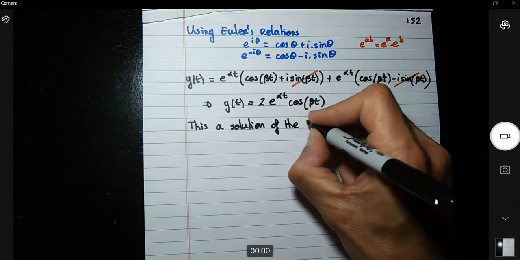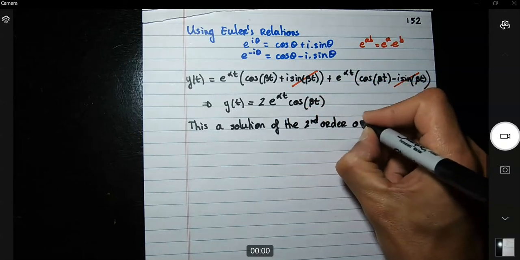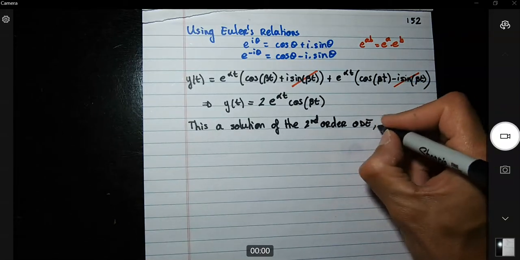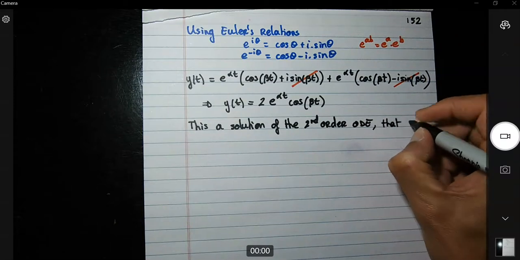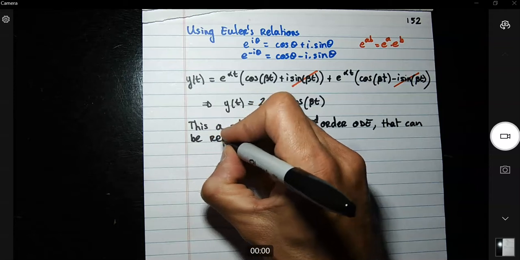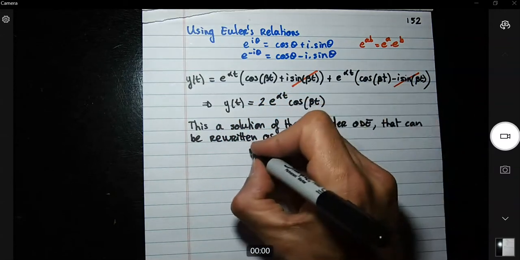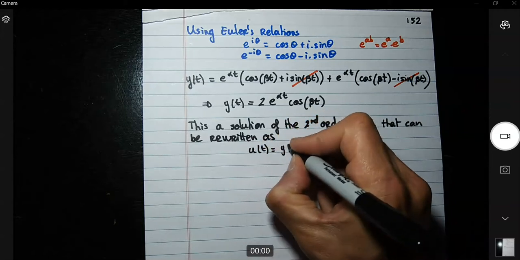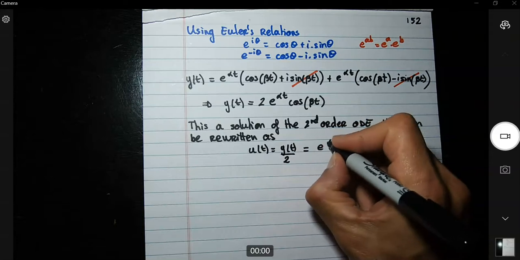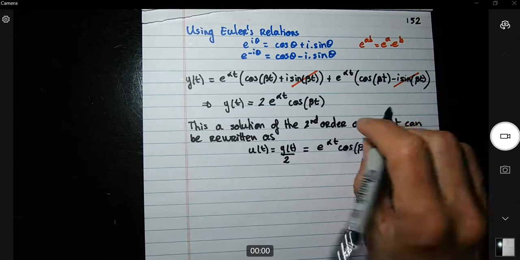of the second order ODE that can be rewritten as, so basically if I divide, so let's say u of t is equal to y of t over 2, it's just a constant, so you can do whatever you want with constants, will be e to the alpha t cosine beta t.